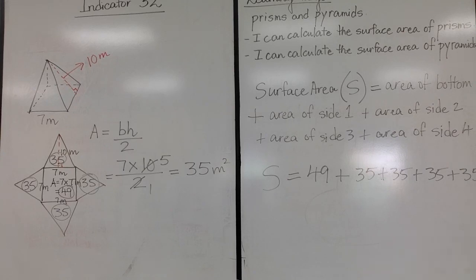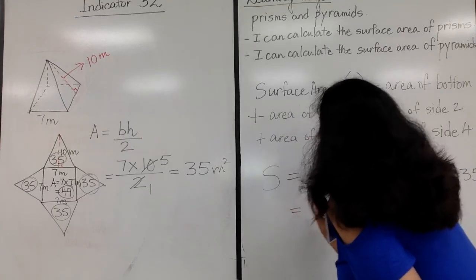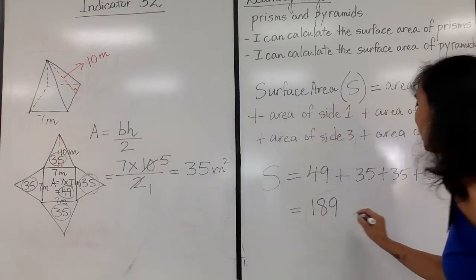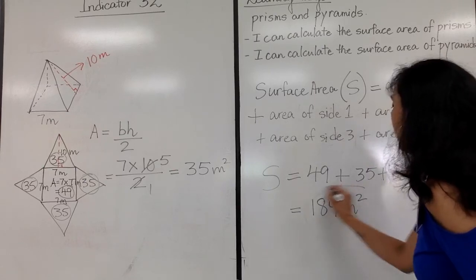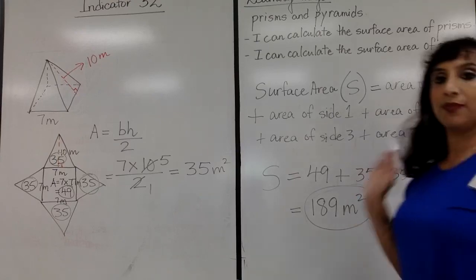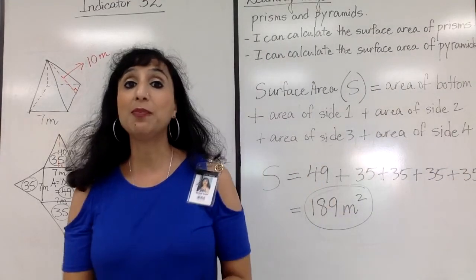Okay, and so 35 plus 35 is 70, 70 plus another 70 gives me 140, and 140 plus 49 gives me 189. So my surface area is 189 meters squared of this square pyramid.